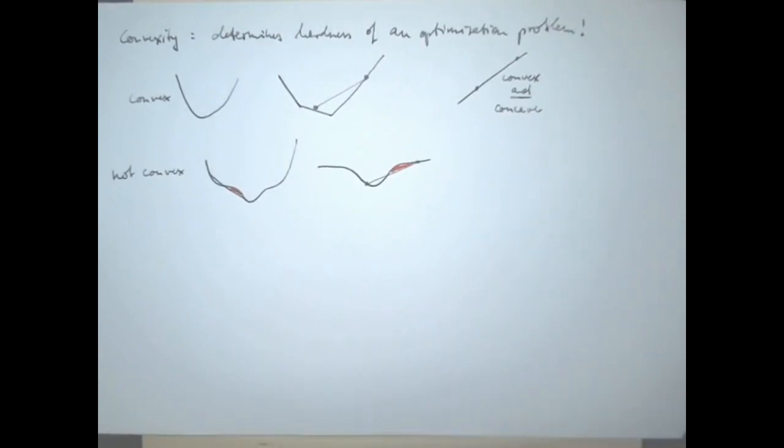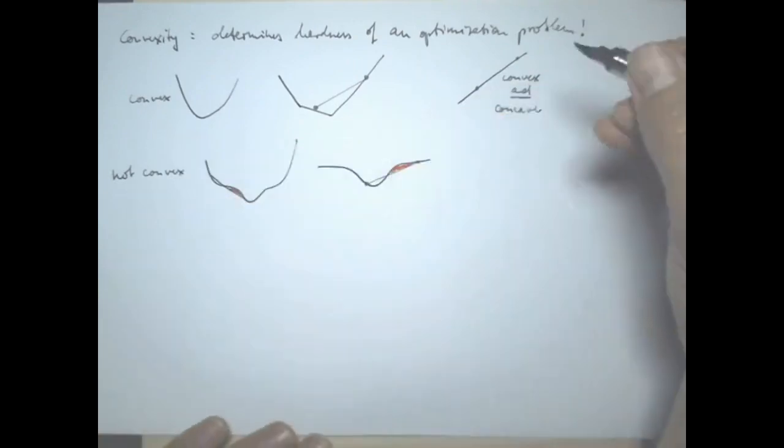I think the mathematical definition of convexity and concavity is just by the second derivative. So if you change the sign of the second derivative, then you will have a function that is either convex or concave. Yeah, so you're right.